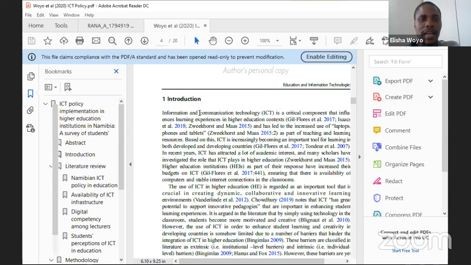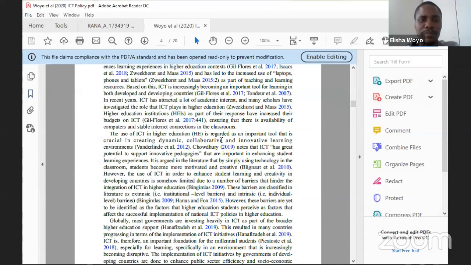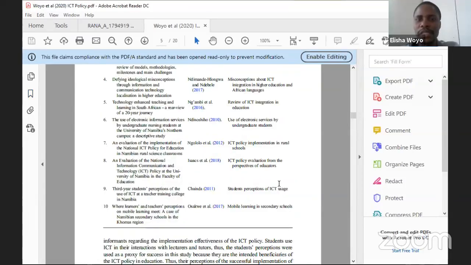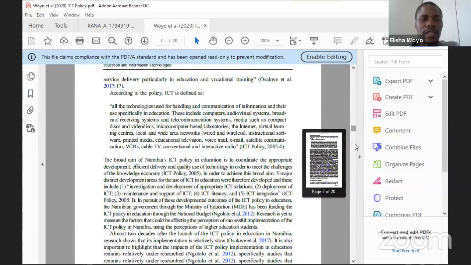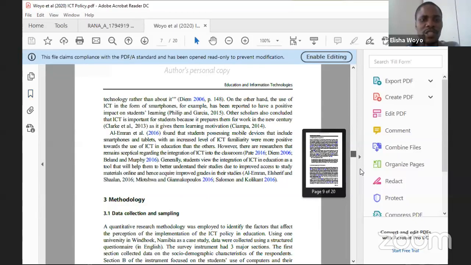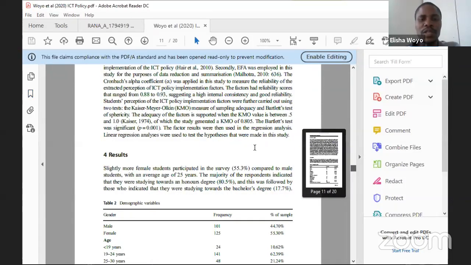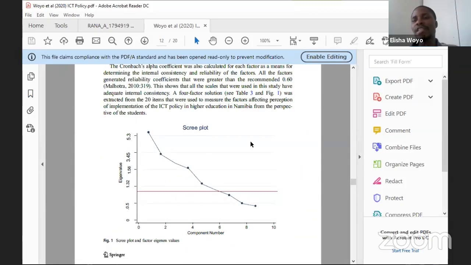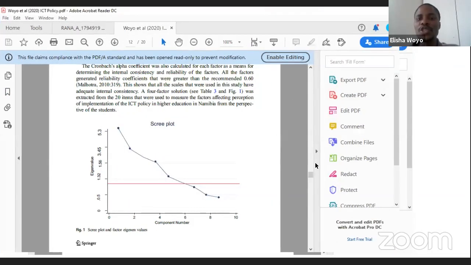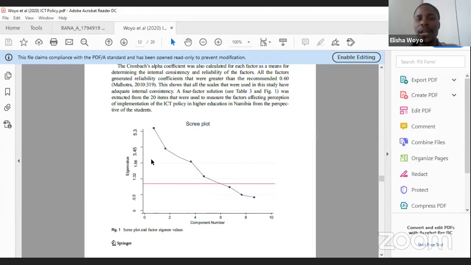So this is a paper on ICT that we published in January 2020. If you go down there on it, we were measuring perceptions of ICT students in Namibia. So you will be able to generate something like this in your analysis. And when you generate something like this, it's going to tell you which of the factors are useful for factor analysis.